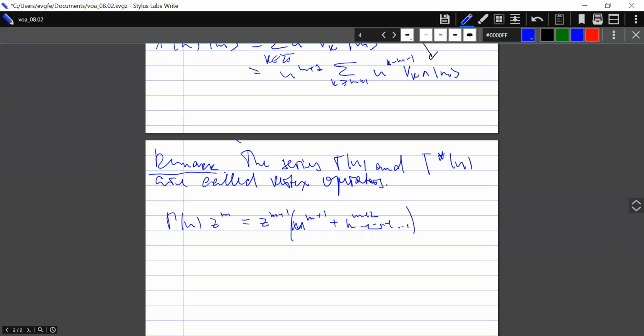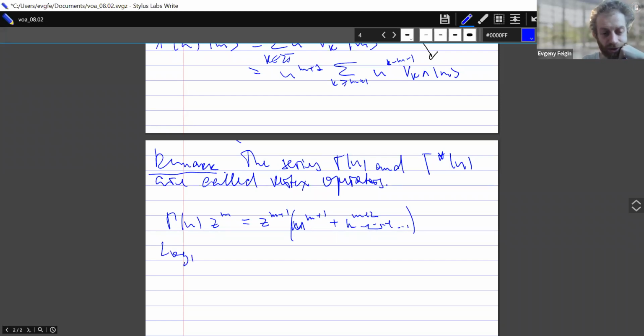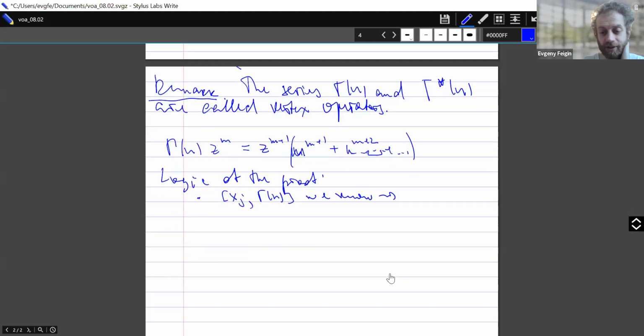So once again, the logic is that if you know, first of all, since you know the commutator of xj with gamma of u, so this we know, therefore it's enough to determine gamma of u applied to z to the m.